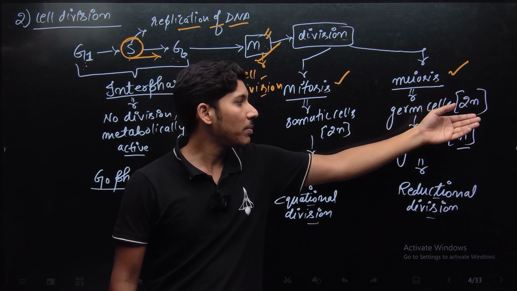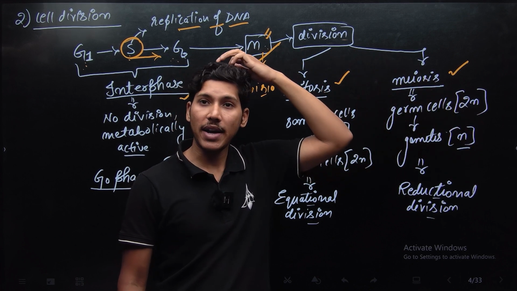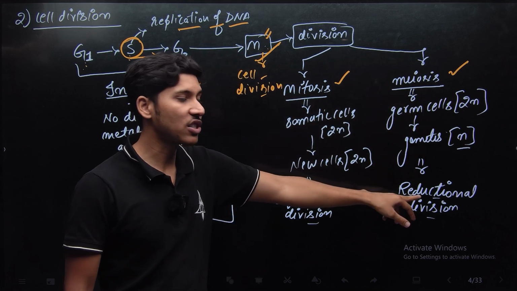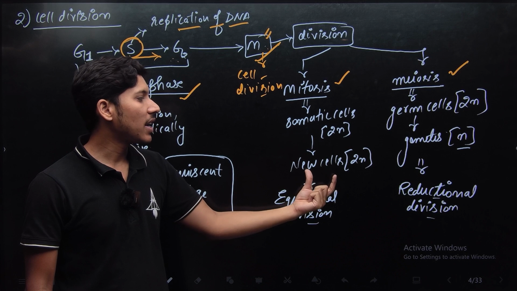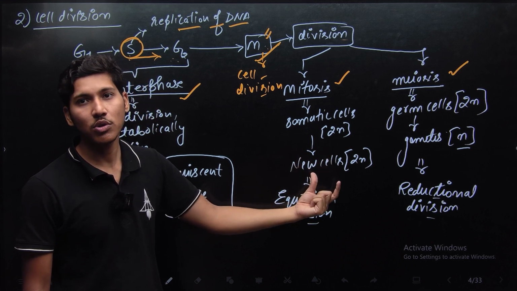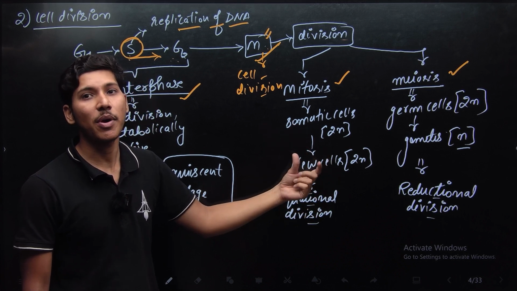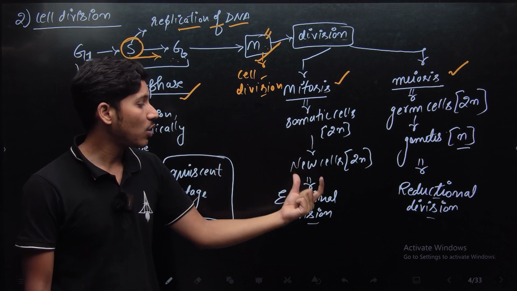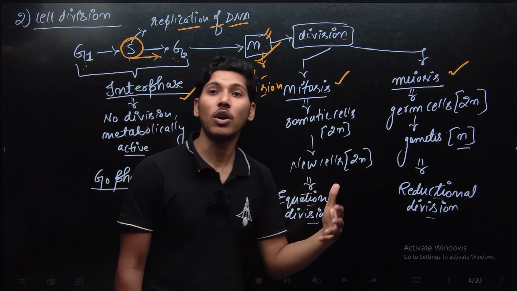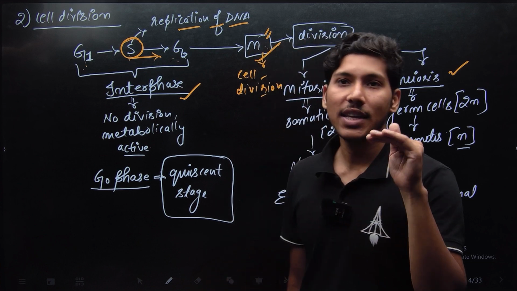Okay, it becomes half of the parent cell. That's why it is known as reductional division. But in case of mitosis, the new cell has the same number of chromosomes and the same amount of DNA as that of the parent cell. That's why it is known as equational division, because the chromosome number remains equal in them.